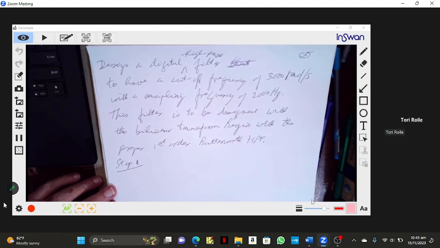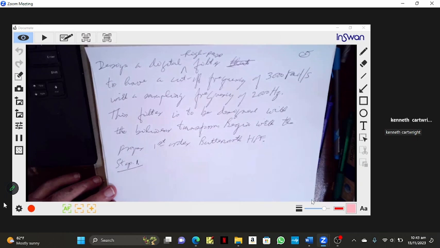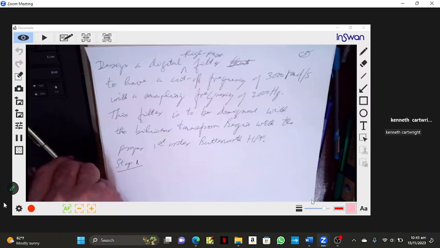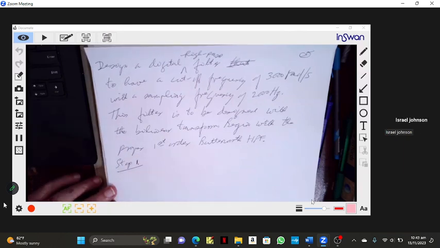Transfer function of the analog filter. All right, and what is that going to be? Would that be S squared over S squared plus the square root of 2S plus 1?